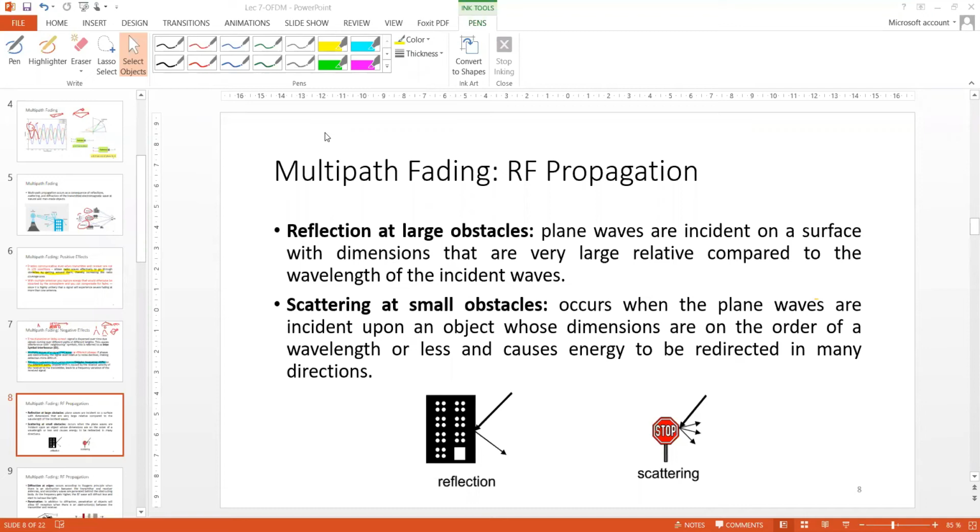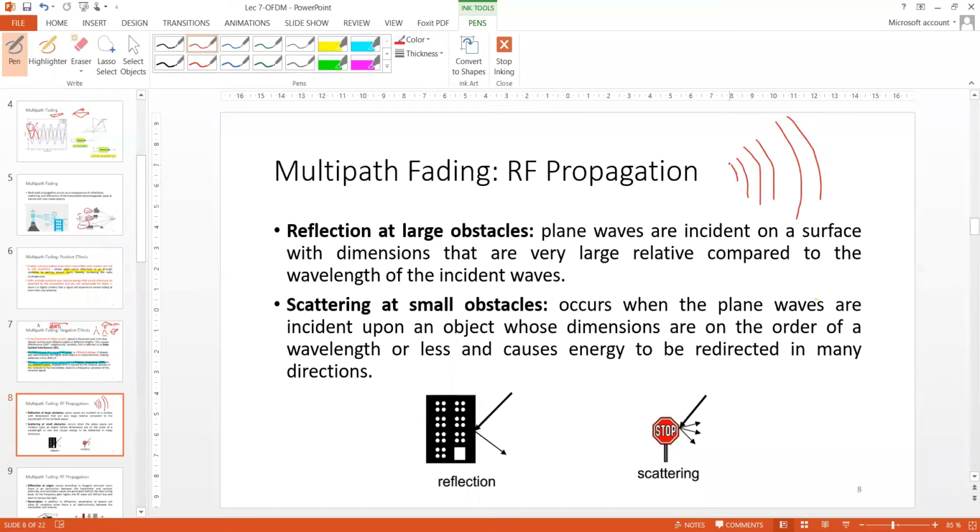Hopefully you remember that figure in which an antenna emits an electromagnetic spectrum, and the area of the spectrum increases as it moves away from the antenna and towards the receiving antenna.